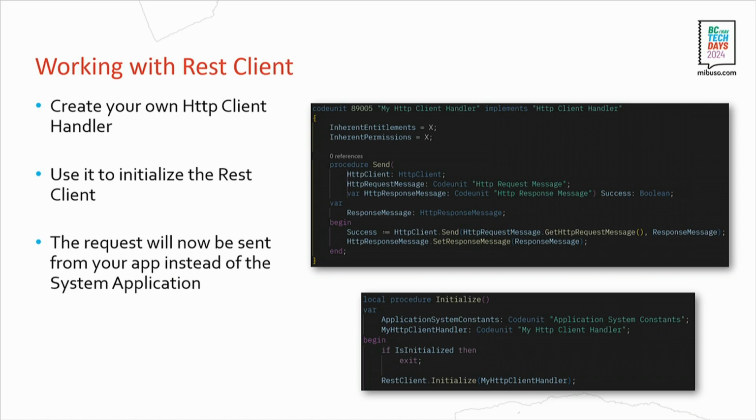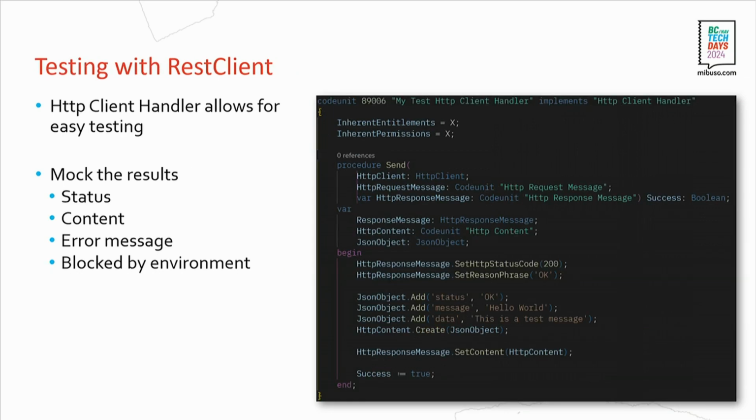This client handler also allows you to test without making the actual call, because you can mock the results. So here is the same HTTP client handler implementation, but now I call it my test HTTP client handler.